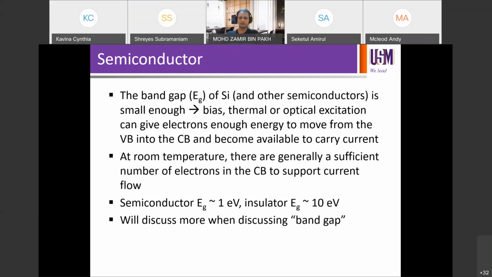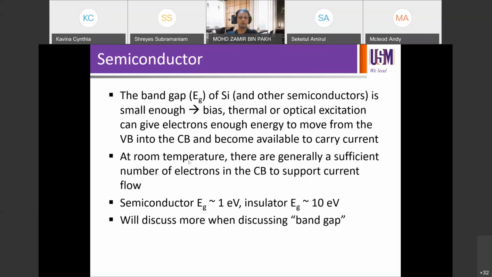If you understand that concept, then the rest will become straightforward. At room temperature, there are generally a sufficient number of electrons in the conduction band to support current flow, if you talk about semiconductor, but that depends on the doping level of the semiconductor. Later on, you're going to see if you incorporate dopants into the lattice, you can actually vary the level of the conduction of the silicon in this case.